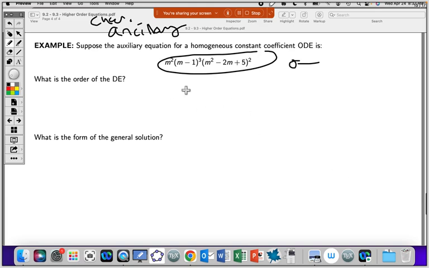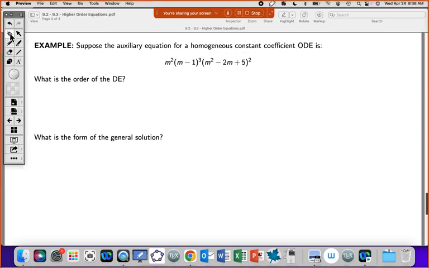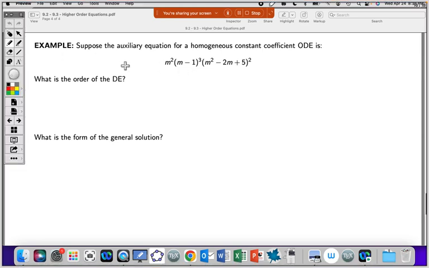So you'd say, okay, now we go backwards. What's the order of the differential equation? The order of the differential equation is going to match the degree of the polynomial. So for this polynomial, I can go through and think about the highest order I would be getting from each of these factors. I'd have an m squared from here.